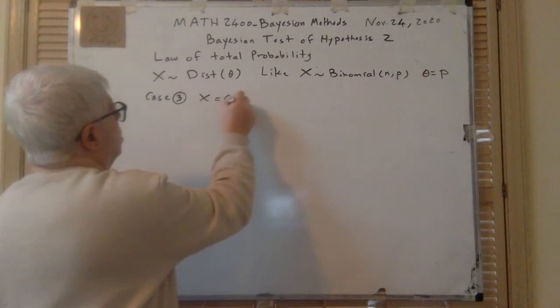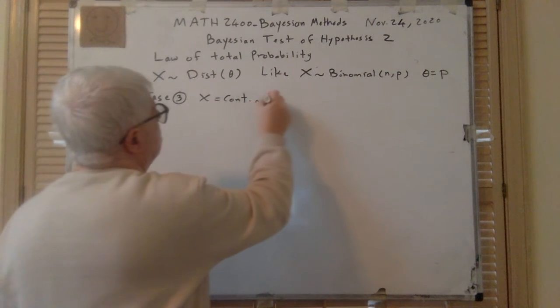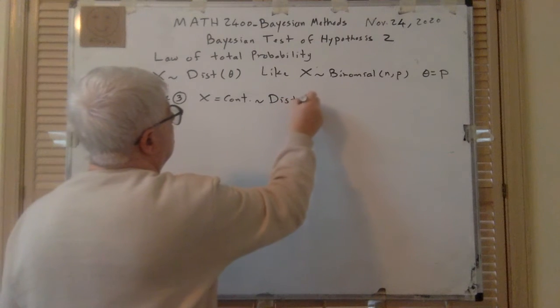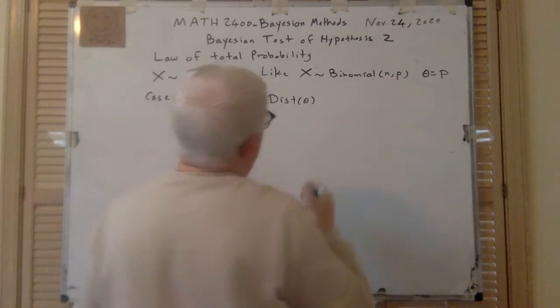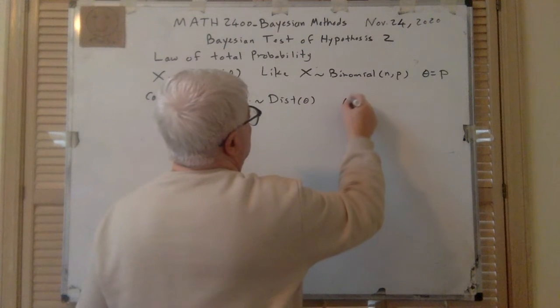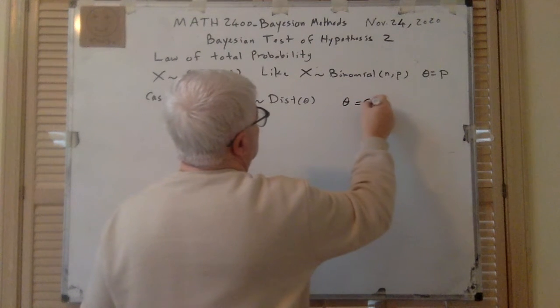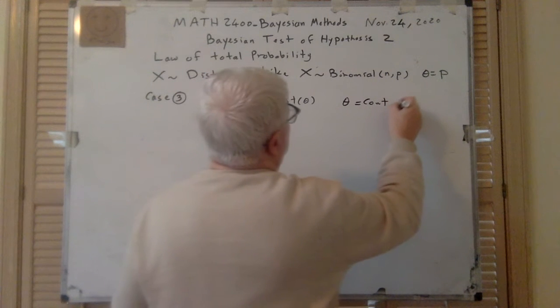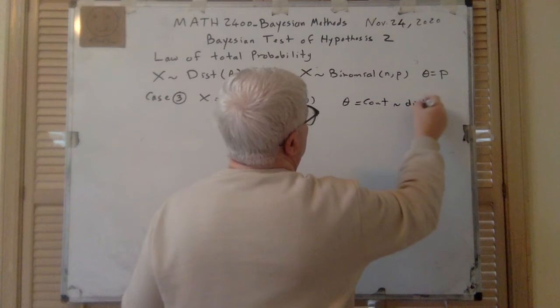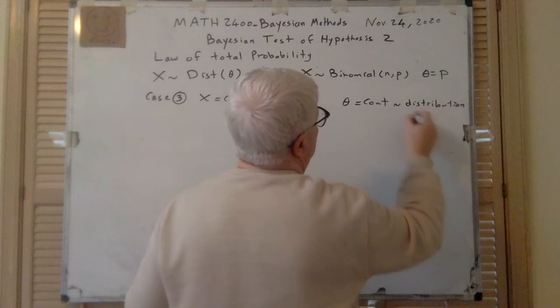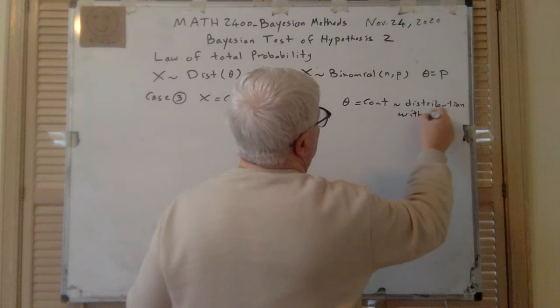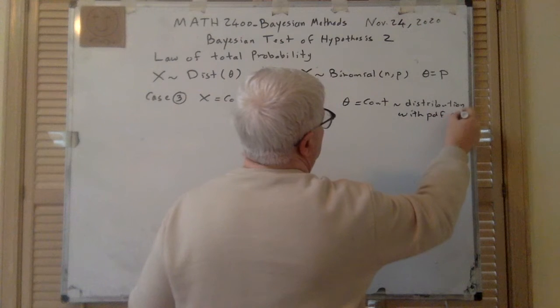Case 3: X is continuous, and it has some distribution. Theta is also continuous, with some distribution, PDF g(theta).